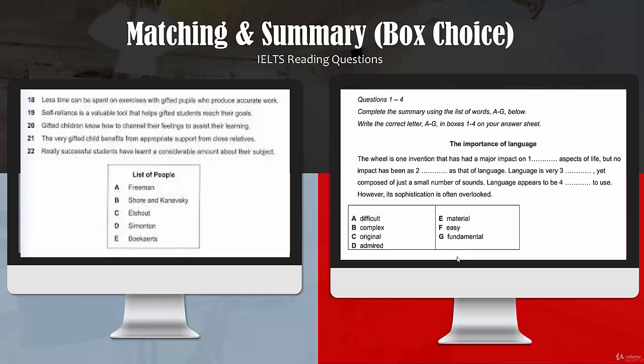And you have the summary question where they give you the answer choices to choose from in a box. Now, with that kind of question, you have to find the matching sentence in the passage, read the sentence for the answer, and then most likely they're going to use a synonym for that in the box, and you have to choose that as the answer choice. That's the second type of summary question.